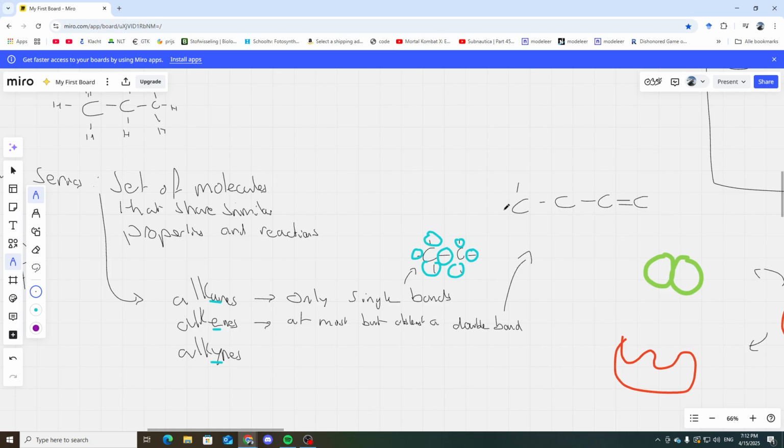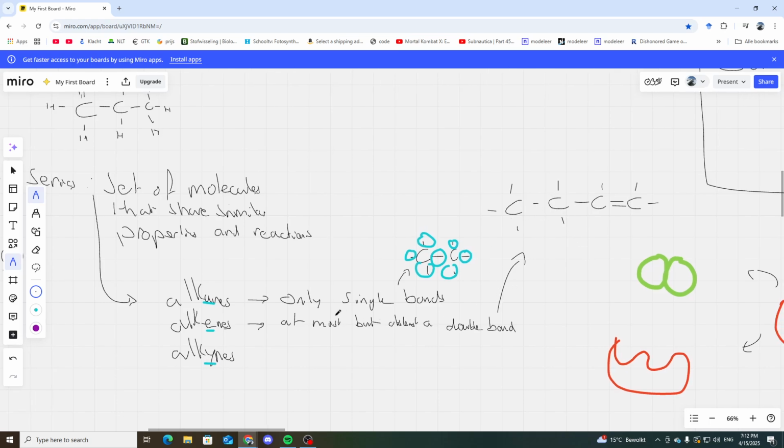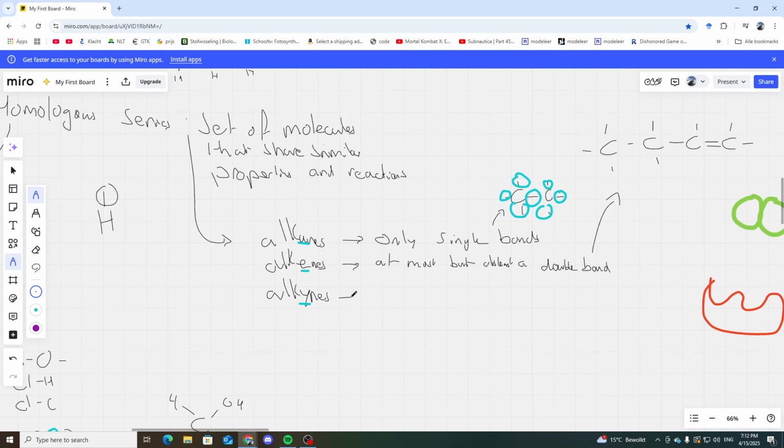Simply because it has one double bond in it. That is all that it takes, okay? Alkane, alkene, alkyne. At least it has to have one of those double bonds, and that's also the most of a bond it can have. It cannot have a triple bond, because what happens then if it's a triple bond? It becomes an alkyne. It contains a triple bond.